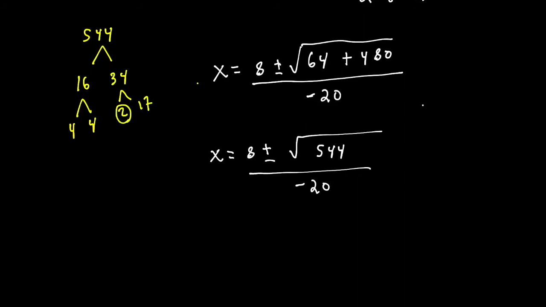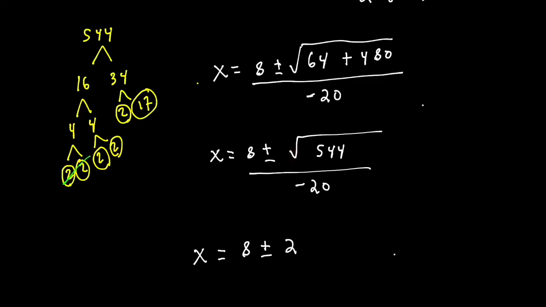I have my prime here. And then here the 4's, we're going to get 2 times 2, and then another pair of 2's. I have the whole prime factorization of 544, so I'm going to rewrite this as x equal to 8 plus or minus, and here, since we're trying to get the square root, we're trying to get pairs, so I have a pair of 2 right there.